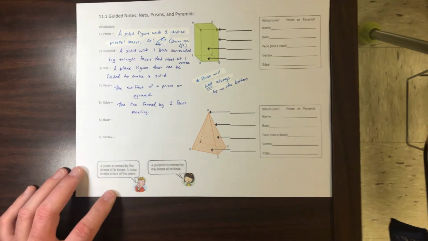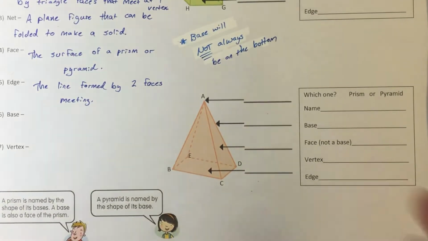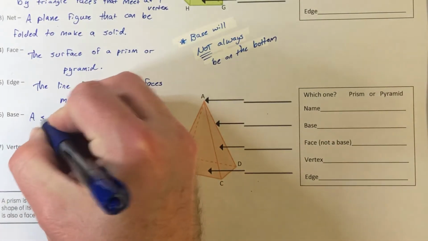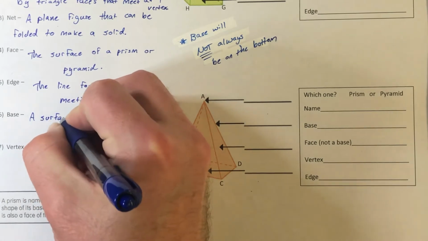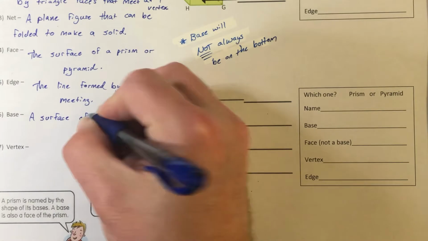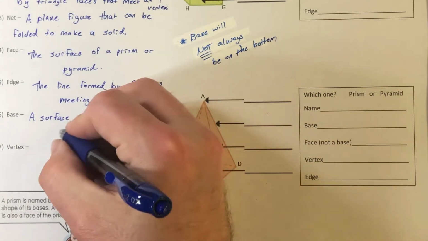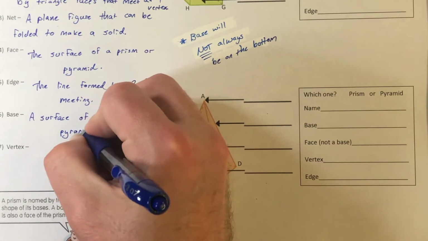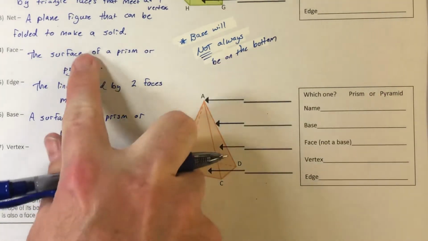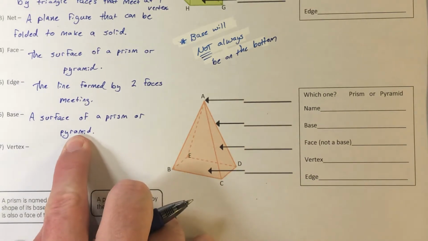Next one, base. I've used this a few times. Base is simply a surface of a prism or pyramid. Now you'll notice that face and base have the same exact definition because really they are the same thing.